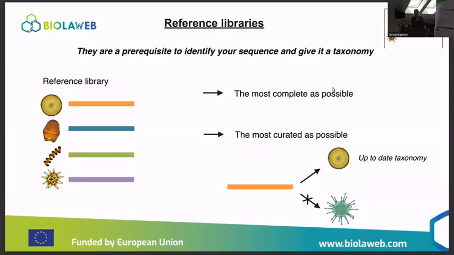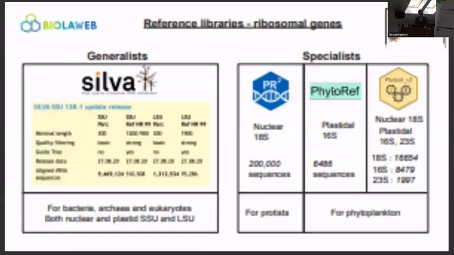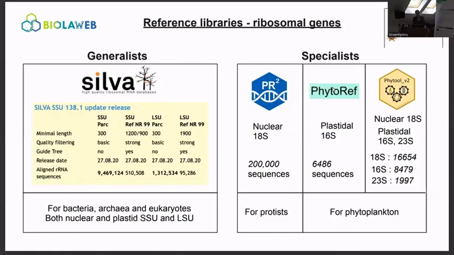So I will now present you an overview of some reference libraries you can find for the different marker genes I presented you. So for instance, for the ribosomal genes, there are generalist libraries where you will find a lot of sequences, and more specialist references of organisms.